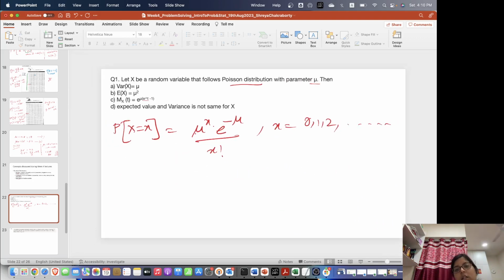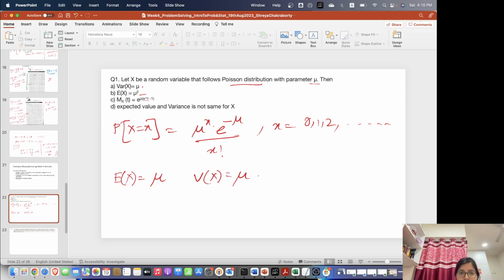So we got the PMF of a Poisson distribution. Now expectation of a Poisson distribution is mu. Variance of x is mu. So this one will also not hold true.